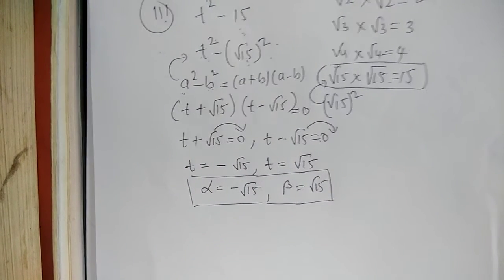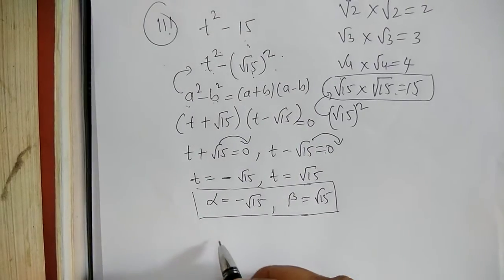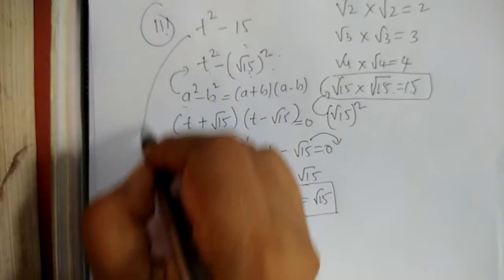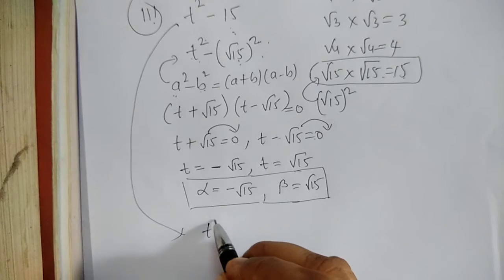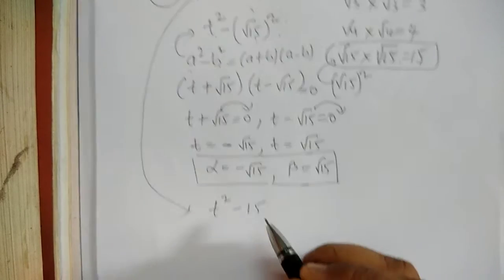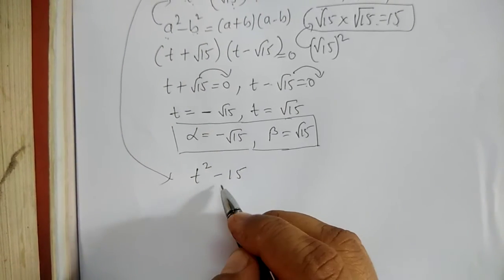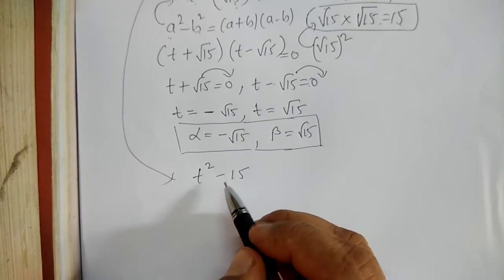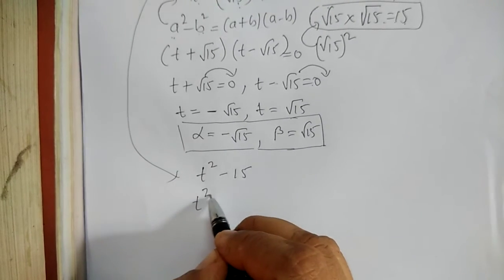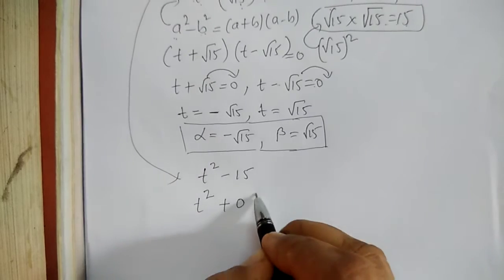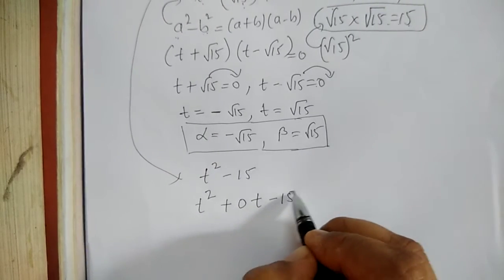But we have not written the coefficients. No, first write down the coefficients also. In t square minus 15, you observe the t term is missing, means the middle term is missing. So if any term is missing, what we should do? We should write plus 0t minus 15.